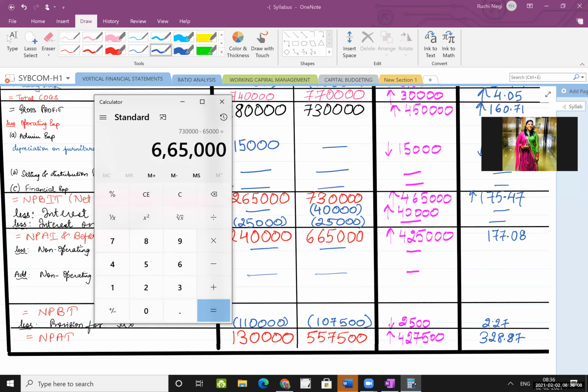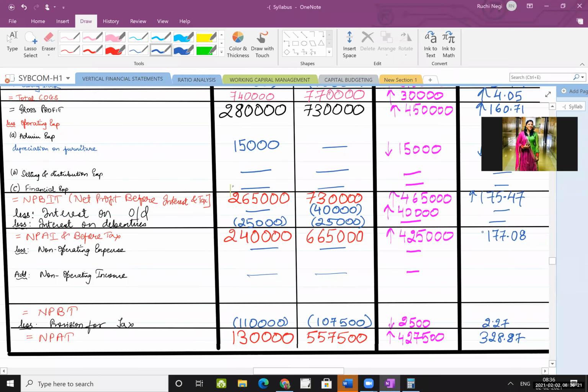So obviously there is an increase. There is an increase of 4,25,000. Divide by 2,40,000 into 100. So 177.08. Even if you don't use the arrow in the last column, it's understood because it is based on this column only.